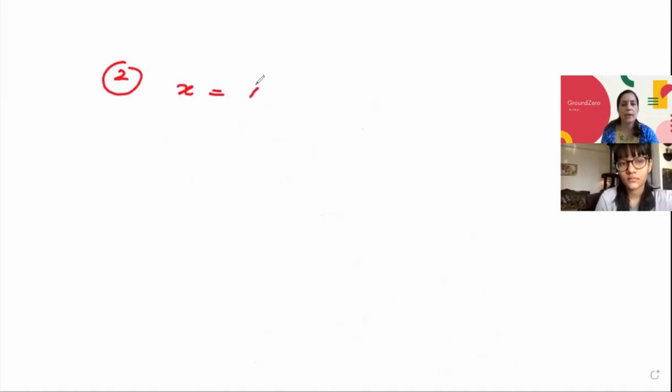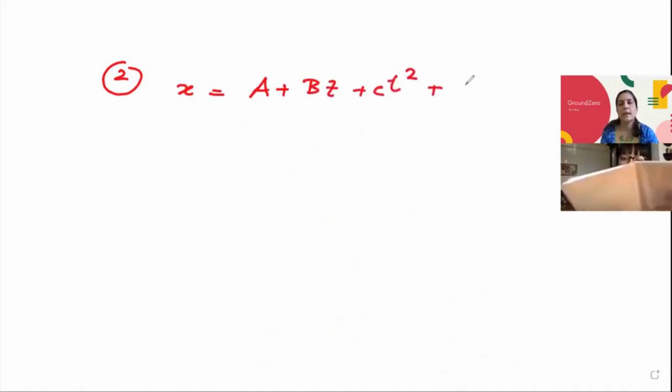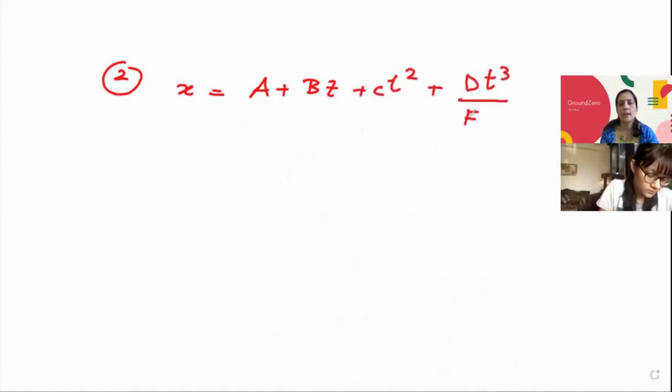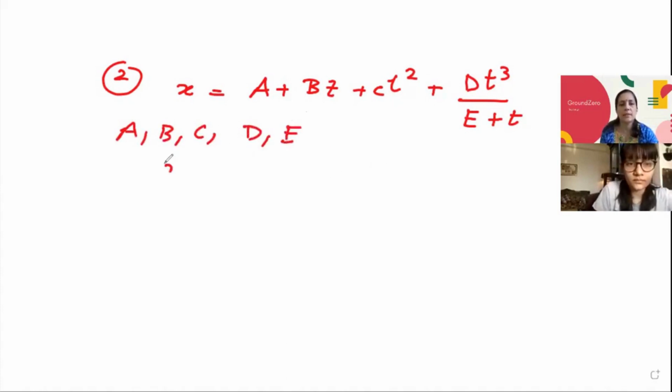X is equal to A plus BT plus CT square plus DT cube upon E plus T. Now you have to find the dimension of A, B, C, D, and E, where X is the displacement and T is the time.